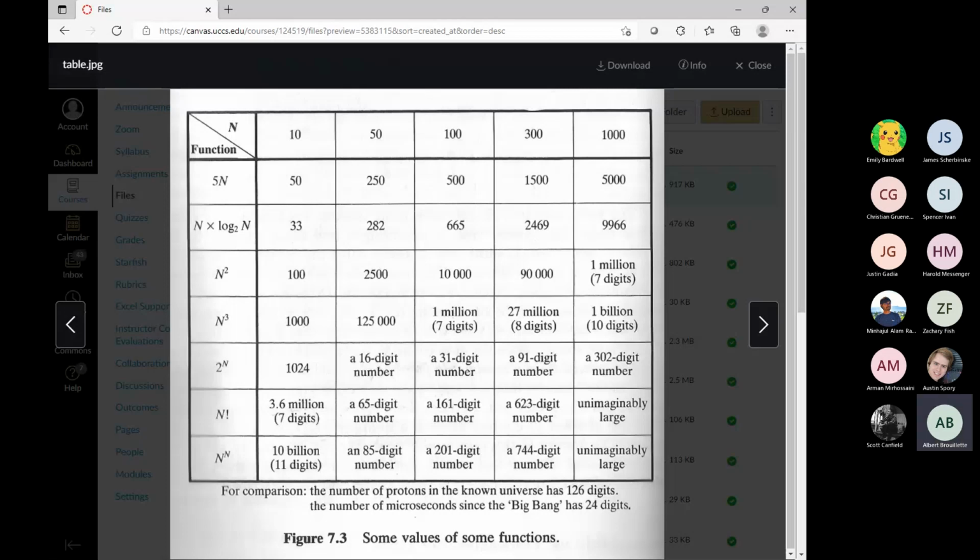I mean, it's past anything you have to compare with, right? It's really, really big. So hopefully that illustrates a little bit why we have this divide between the intractable and the tractable.